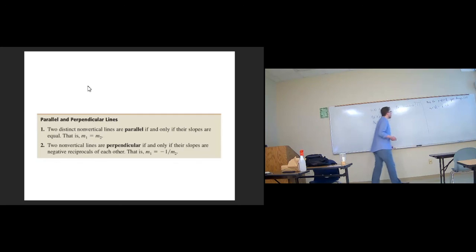Now, we're going to use point slope form. We say, all right, we want y minus 5 is equal to -5 times x minus 3.